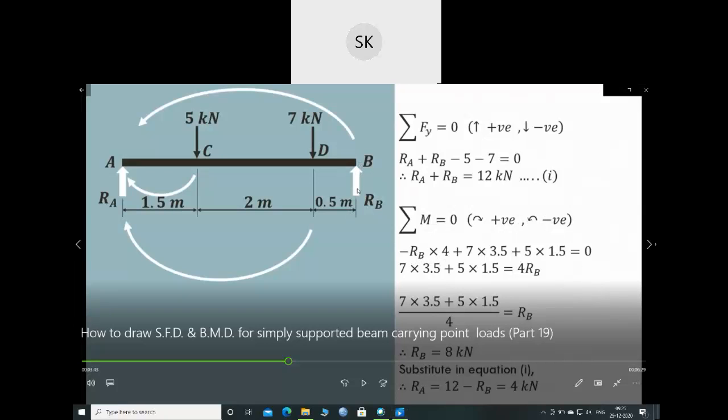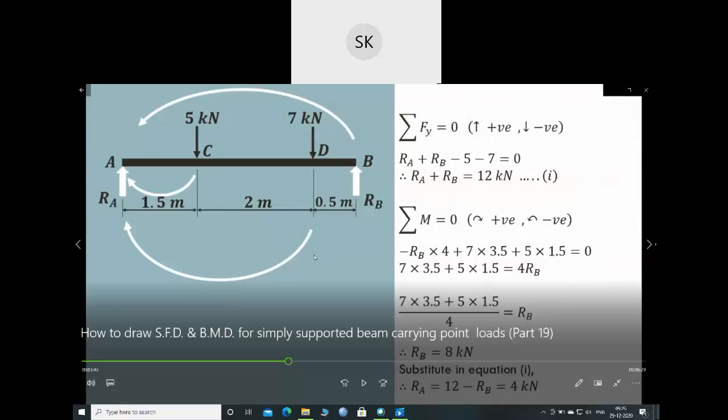RB is in anti-clockwise direction, so minus RB into the whole distance, which is 4, plus this 7 kilonewton will give positive moment, so it will be 7 into 3.5, this distance, plus this 5 kilonewton will also give a positive moment, so 5 into 1.5, that will be equals to 0. So by this equation, if you solve this, you will get RB, and place the value of RB in the first equation, you will get RA.